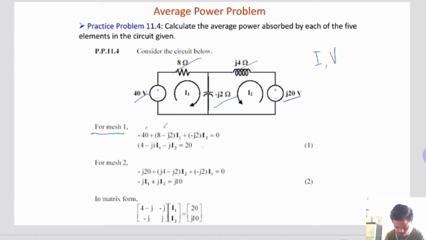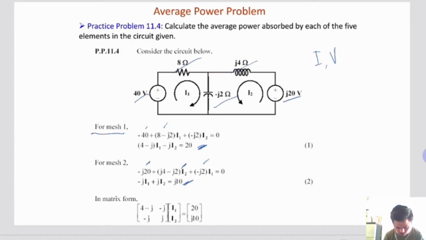So this gives us equation 1. And for mesh 2, we have negative j20 plus j4 plus minus j2 times I2 plus negative j2 times I1. If we simplify that, we have our second equation.